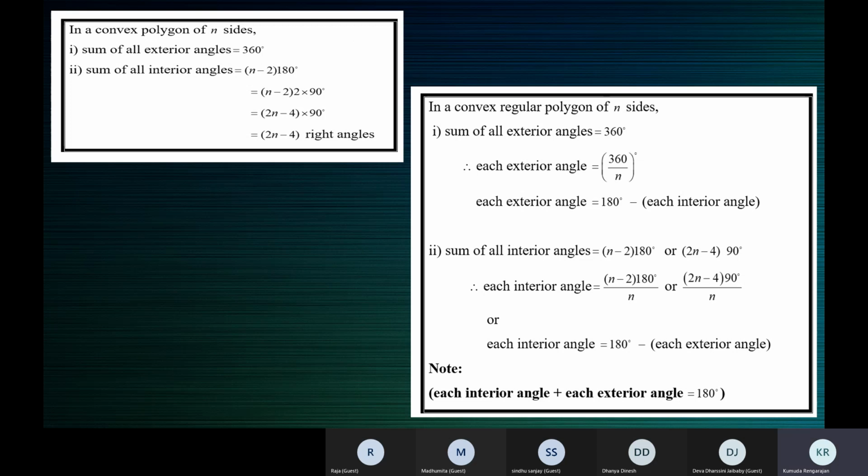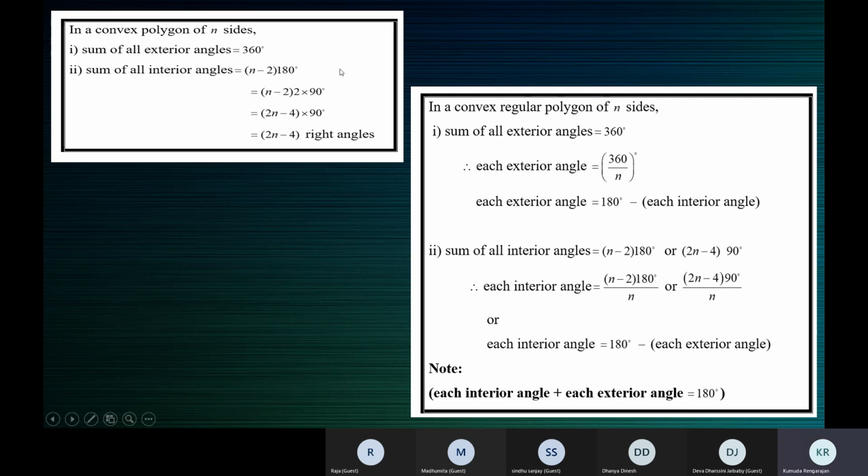The sum of all the 10 interior angles is given by (n minus 2) into 180, or (10 minus 2) into 180. So for different polygons, the sum of all their interior angles will be different. It keeps increasing with the number of sides. More the number of sides, more the number of interior angles, so greater will be the sum.